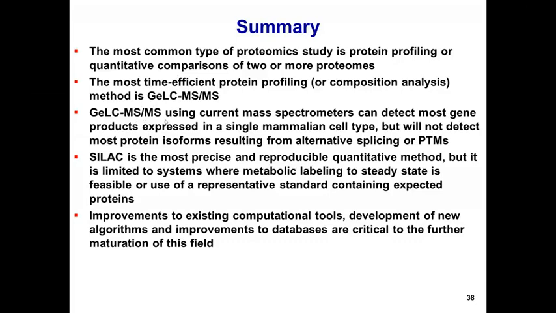And gel LC-MS using current mass spectrometers can detect most gene products expressed in a single mammalian cell line. But it won't detect most protein isoforms resulting from alternative splicing or post-translational modifications.